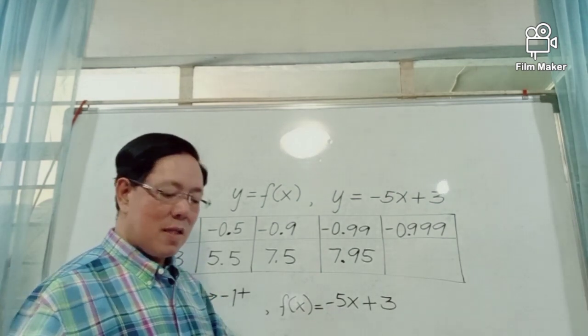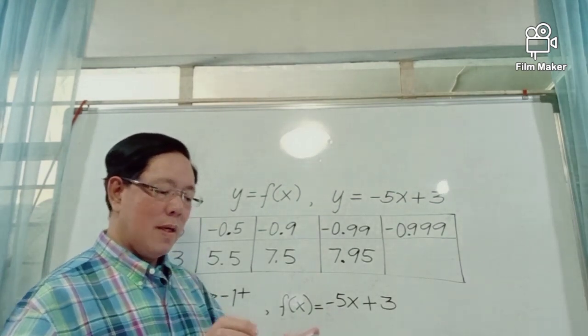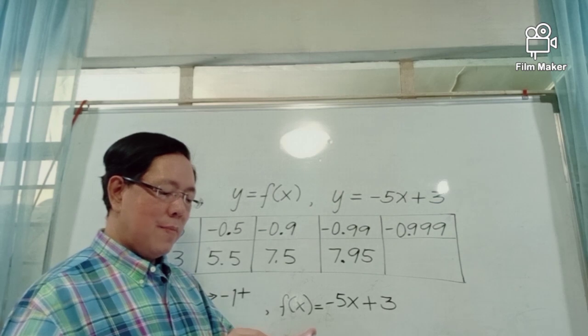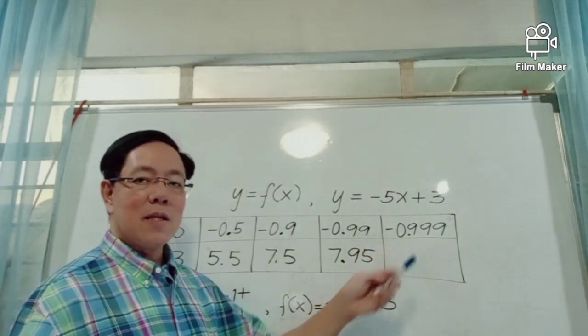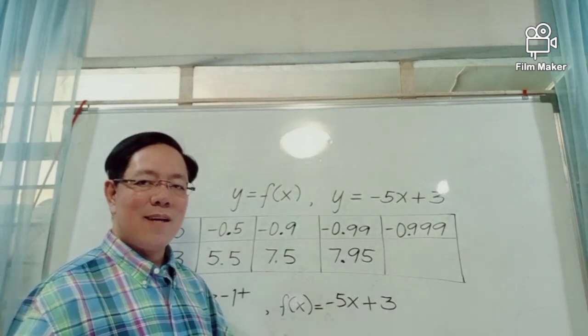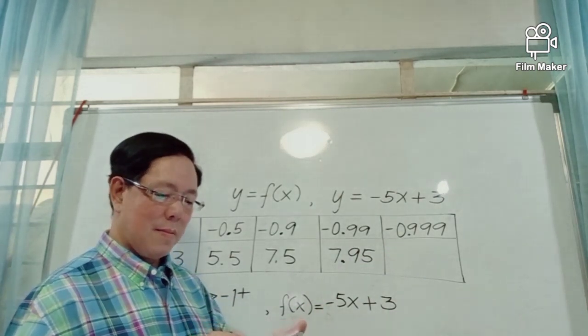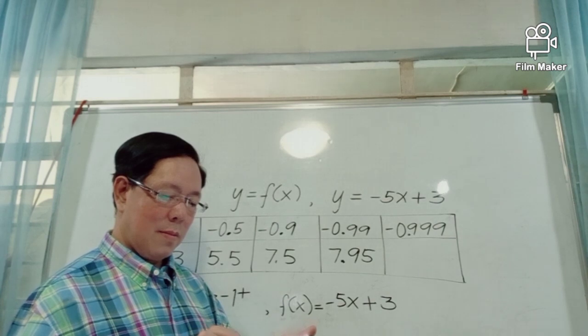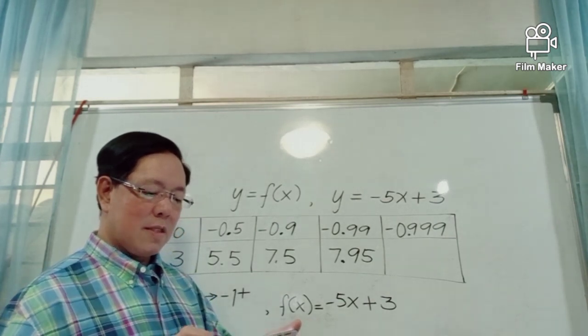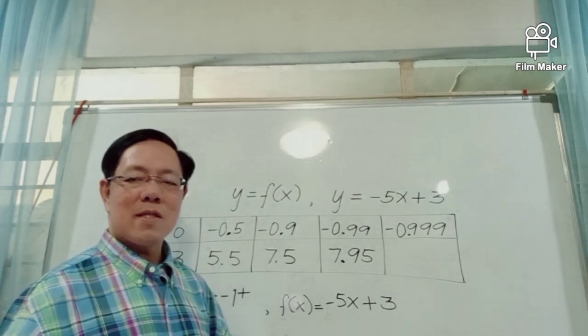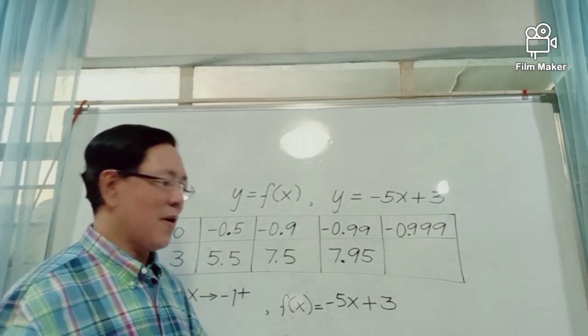And we do that. Negative 5 multiplied by negative 0.999 plus 3, and we get 7.995.